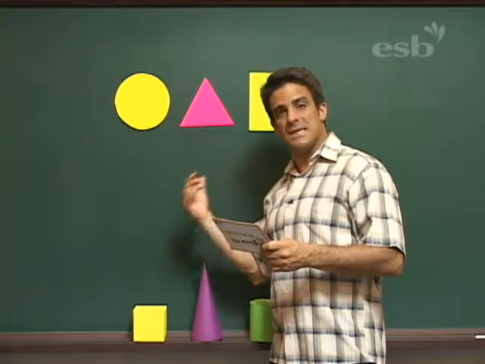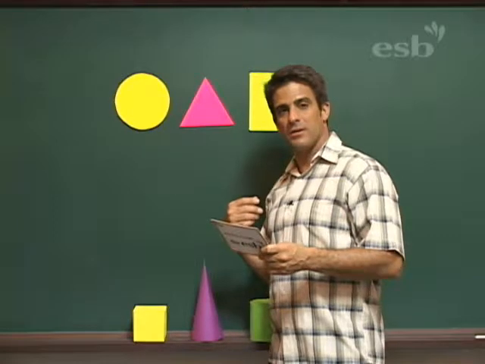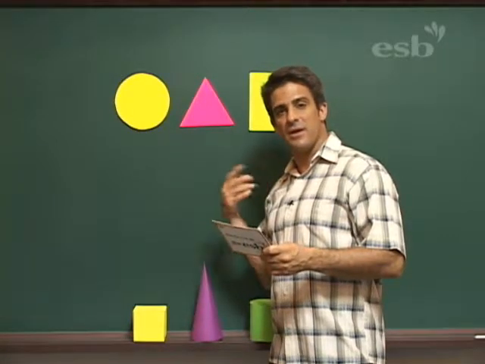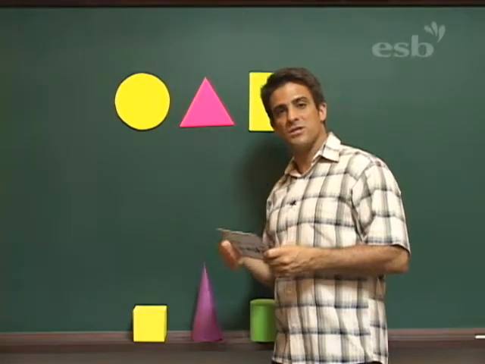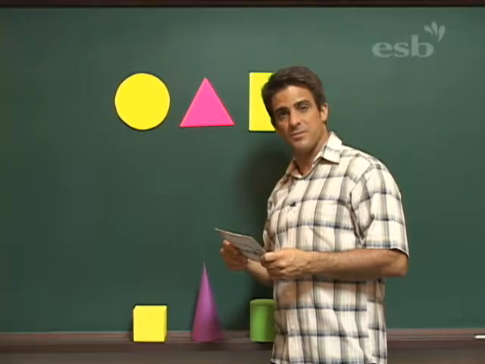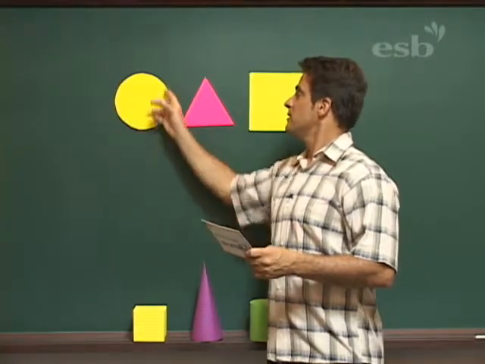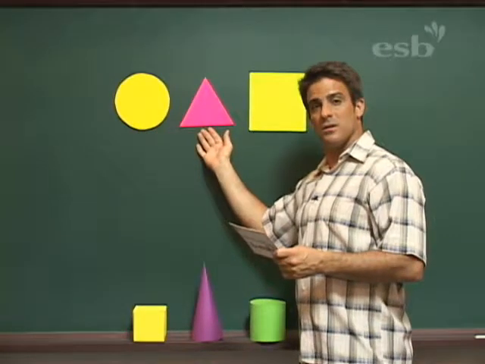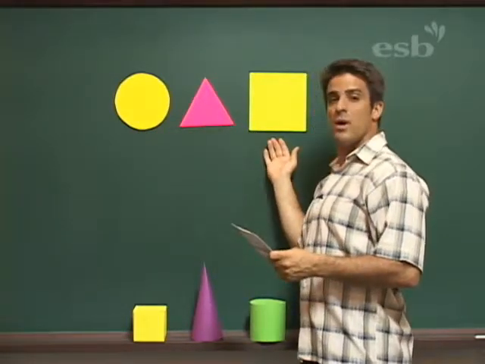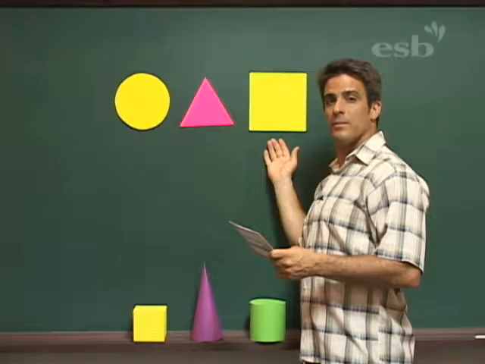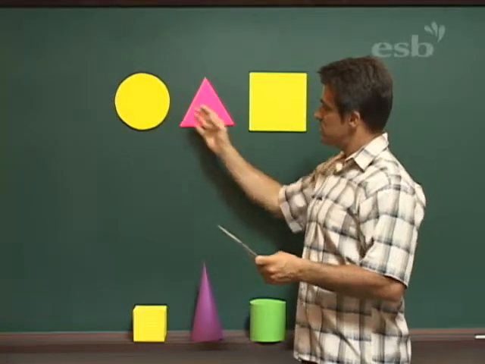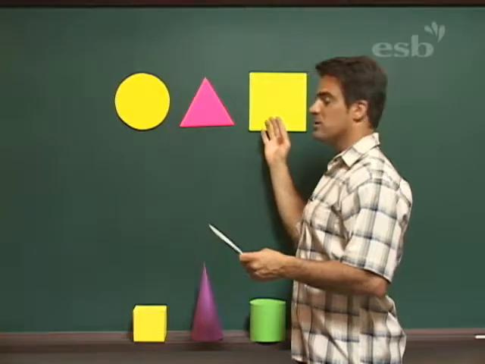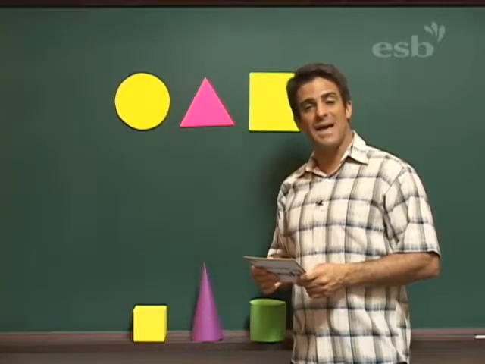So, when we say what they are, we are describing how they look. We are describing their appearance. Circles, triangles, and squares are all flat shapes.